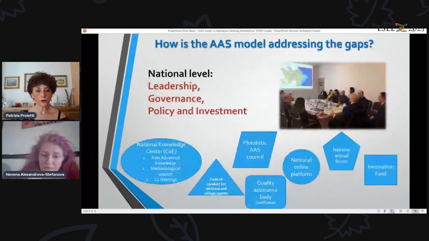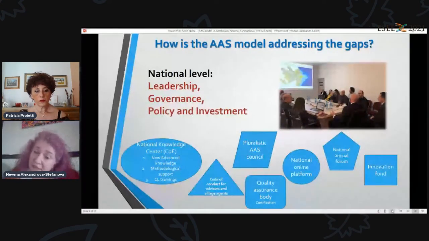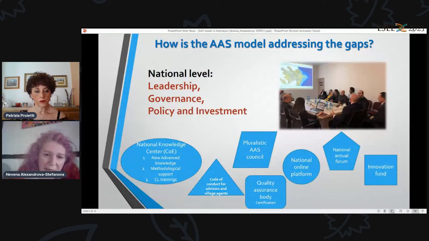So at national level, this is how the model is trying to address the gaps but also opportunities. National level modality, it's about leadership, about governance, policy, regulatory framework, and investment.